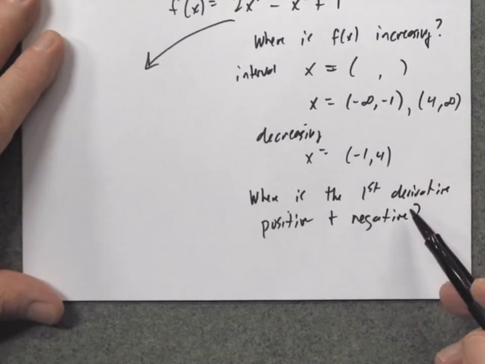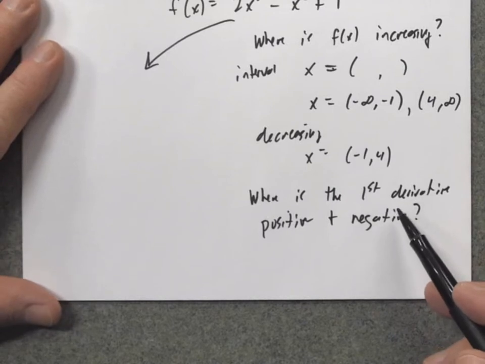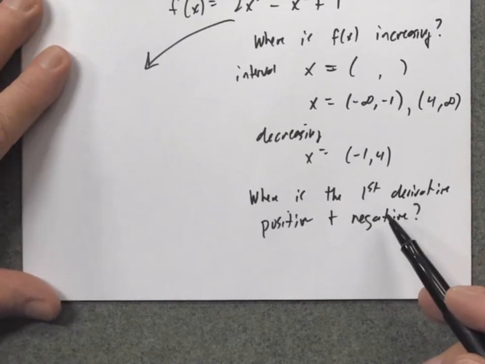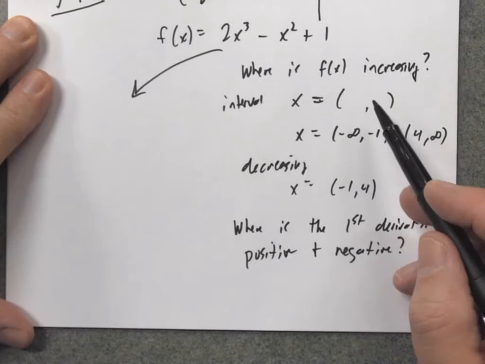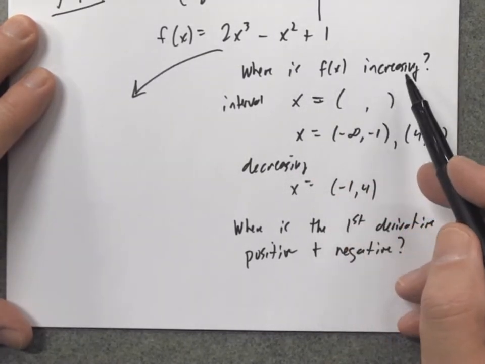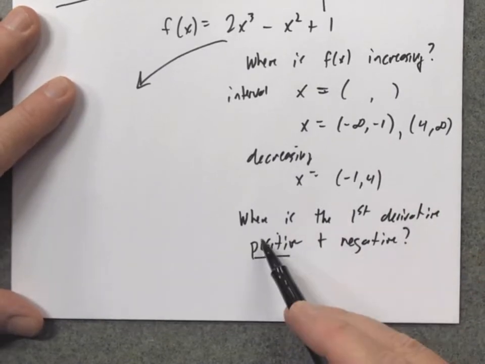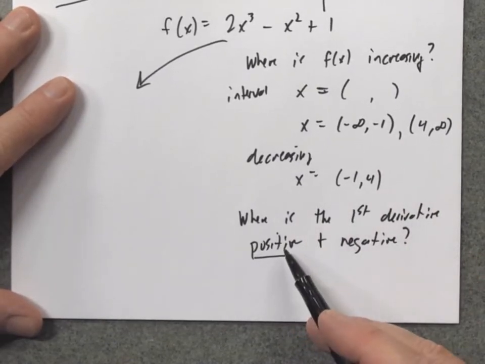And once again, the answer is going to be an interval. So they're saying, okay, given a function, where's the first derivative positive or negative? Well, what's interesting is this question up here, where's f of x increasing, is really the same question as where is the first derivative positive.